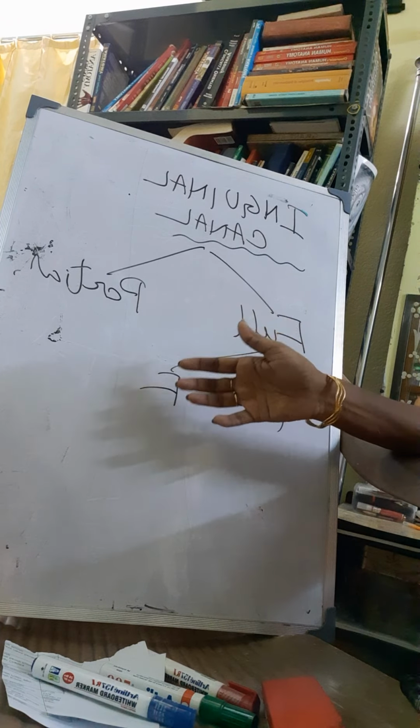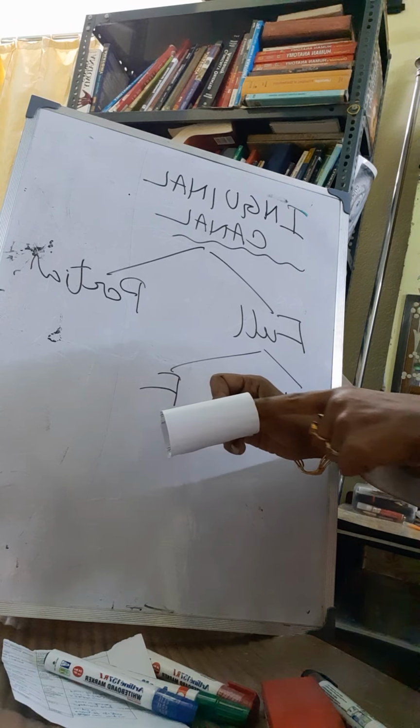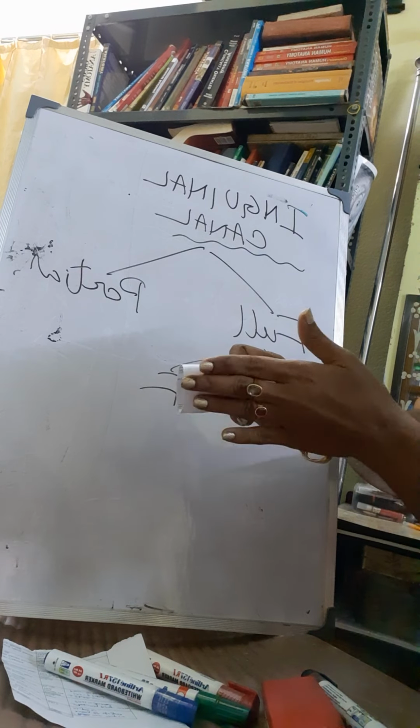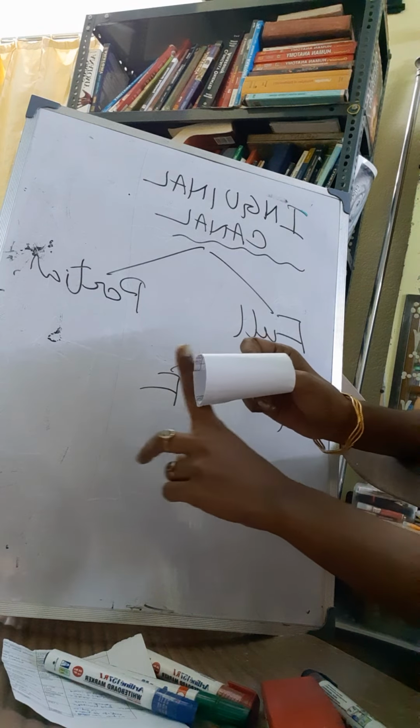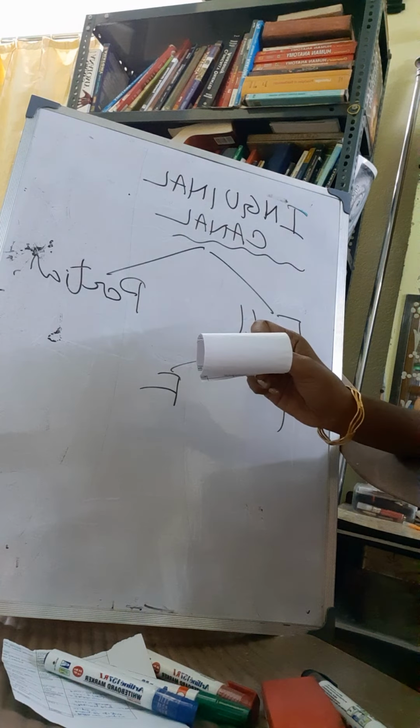Next heading, this is the boundary of this canal. So the canal being like this, it has one inlet, one outlet, one anterior wall, one posterior wall, one floor and one roof.